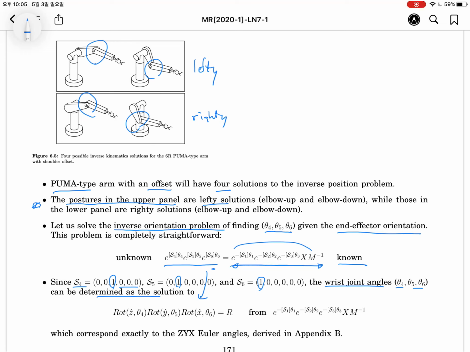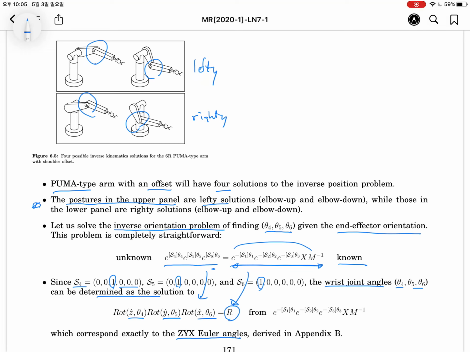Maybe we can extract the rotation matrix from here. From this homogeneous term, we can extract the rotation matrix as a numerical value. And then, as you know, the first term is z-axis rotation, y-axis rotation, and x-axis rotation.